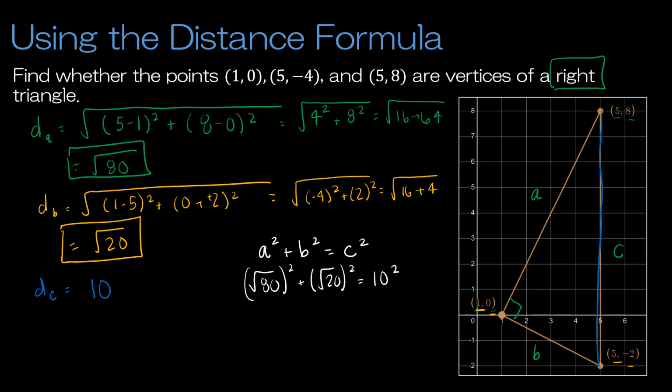Now, what is the square root of 80 squared? Well, the square root and the squared cancel, so this is just 80. Radical 20 squared, again, those two will cancel, and it's just going to be 20. And then 10 squared, as we know, is 100. So 80 plus 20 is 100. 100 equals 100. Therefore, I have verified that triangle ABC is, in fact, a right triangle.